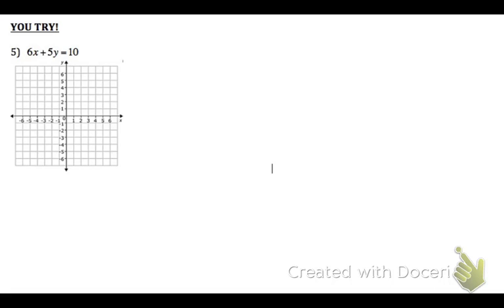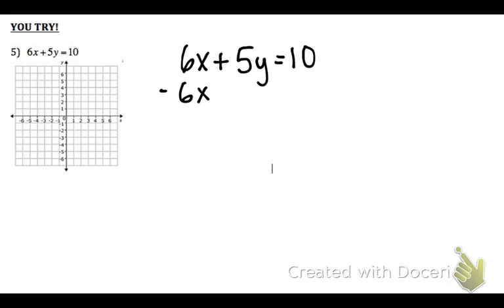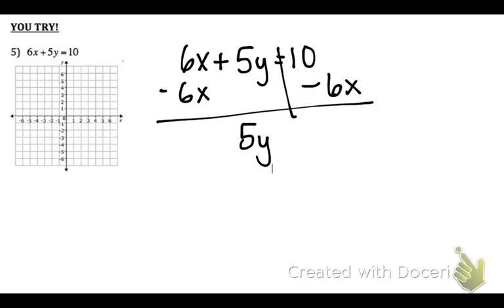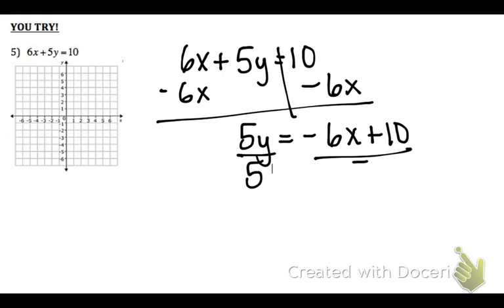Your practice problem was 6x plus 5y equals 10. You minus the 6x over. You get 5y equals negative 6x plus 10. And then you divided by 5. Oops, I'm sorry.